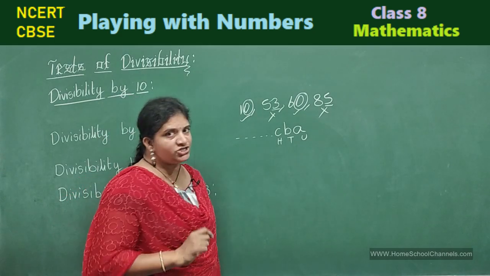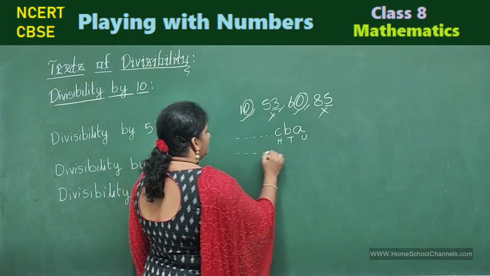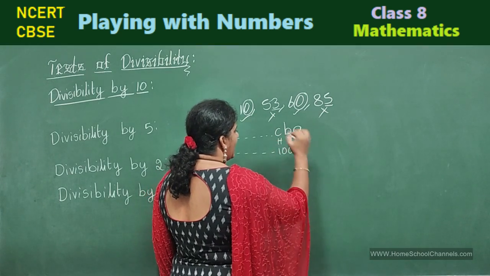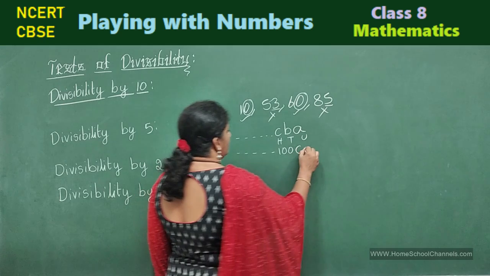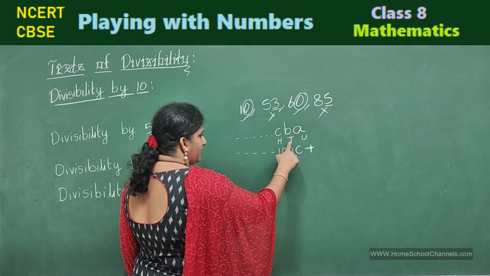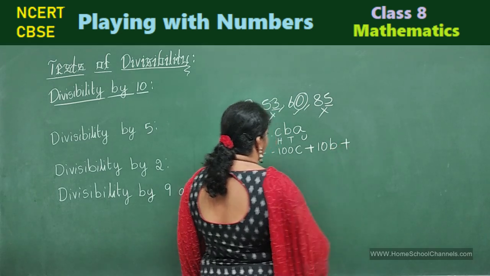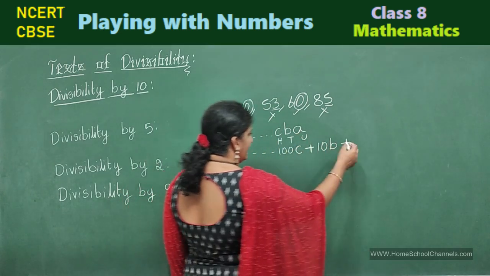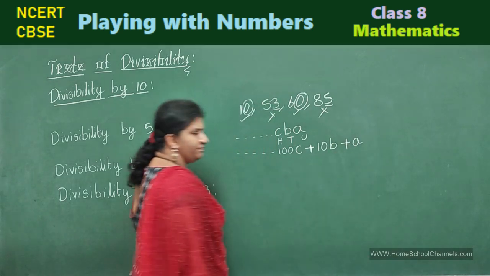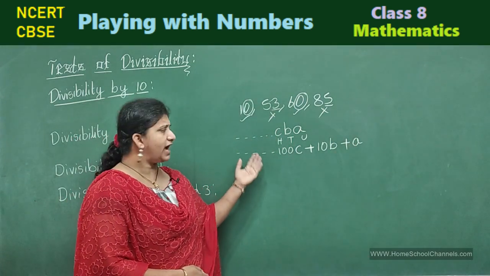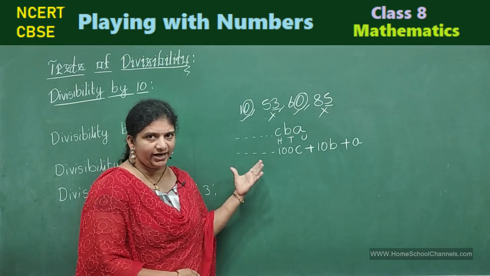Write this number in general form. Hundreds place: 100 into C, I write it as 100C, plus tens place, 10 into B, I write it as 10B, plus units place, 1 into A, or A itself. Like this, if you take one more digit, 1000D comes, right?